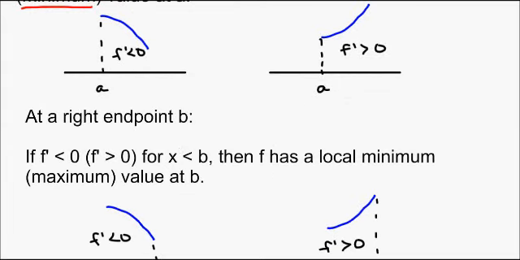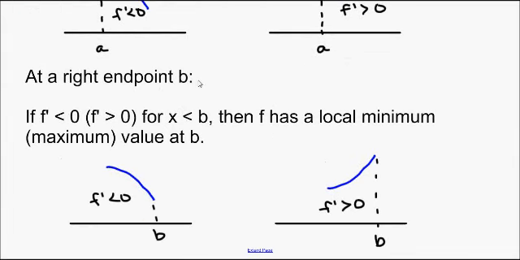At a right endpoint, b, so this is going to be basically the opposite of before. So if f prime is less than 0 or is negative for all the values less than my endpoint, so to the left of that endpoint, then I have a local minimum.